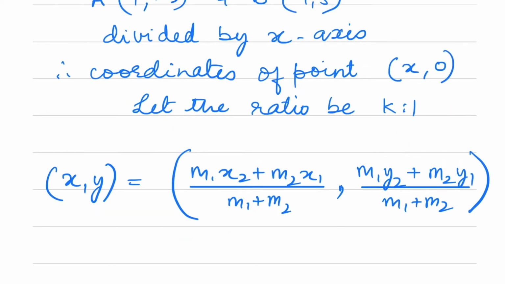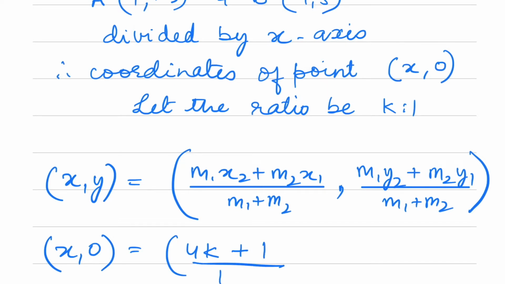Let's substitute the values. So the point of division is (x, 0), and this is equal to (4k plus 1, where m2 is 1 and x1 is 1) divided by k plus 1, and (5k plus 1 into minus 3) divided by k plus 1.